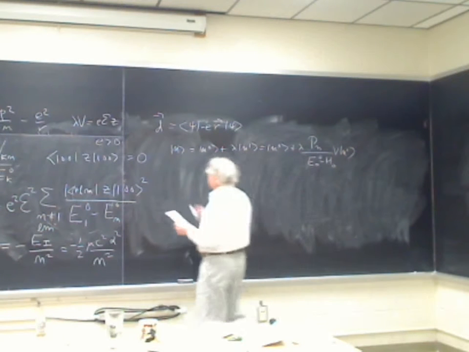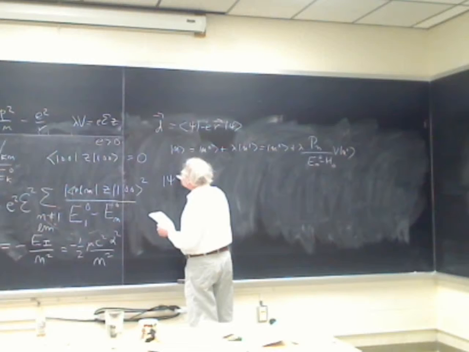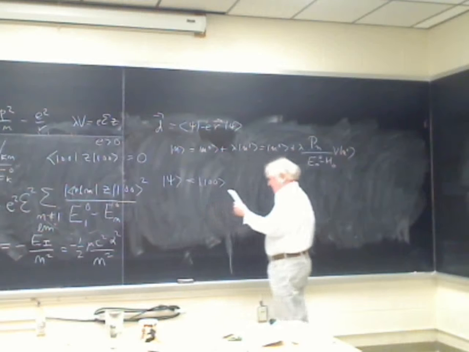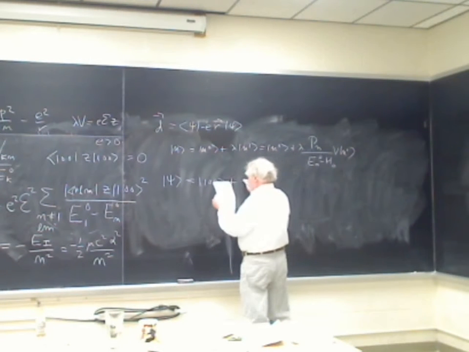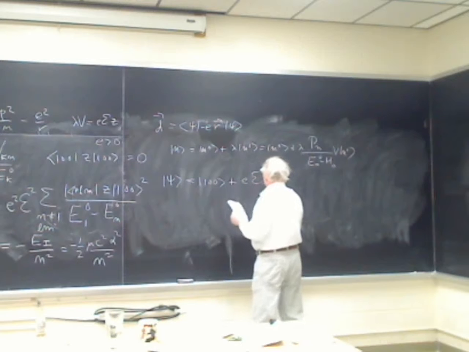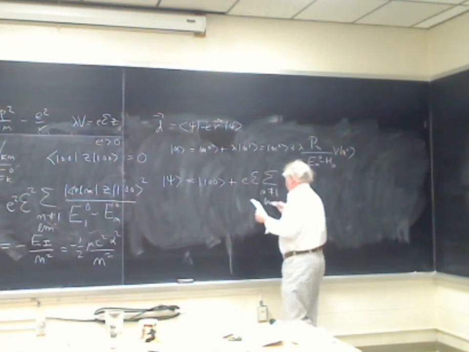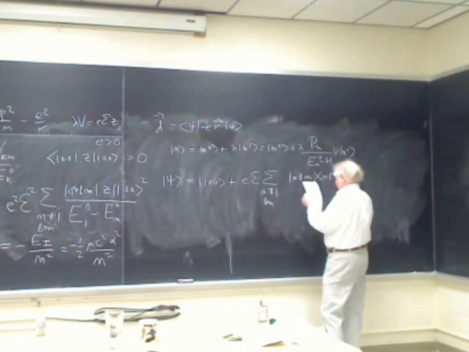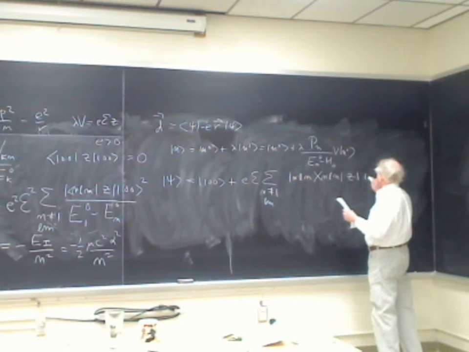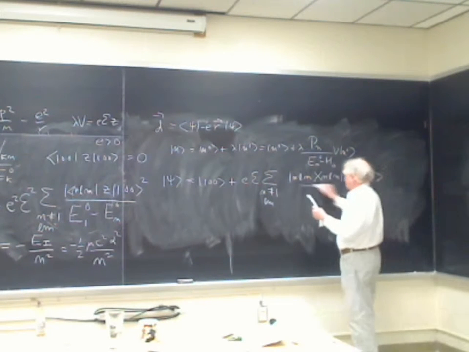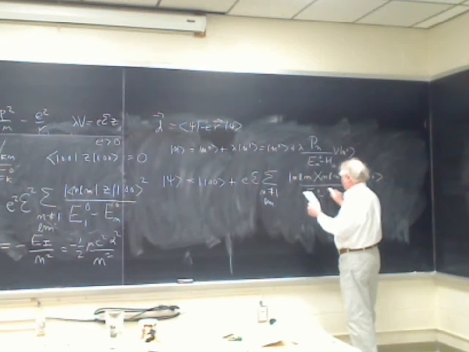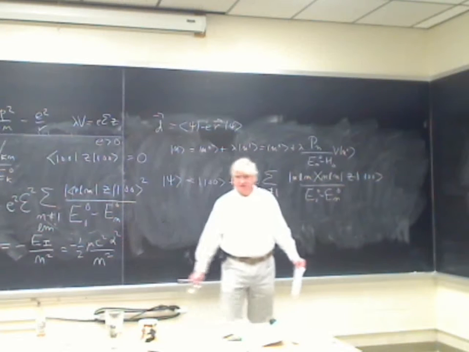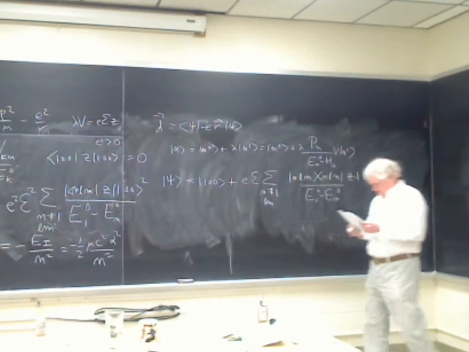And so this state psi is then 100, the ground state of atomic hydrogen, plus eE times the sum over n not equal to 1, all l and m, of |nlm><nlm|Z|100>, the ground state, divided by E10 minus En0, En0 being this expression here. Is that a question? All right.